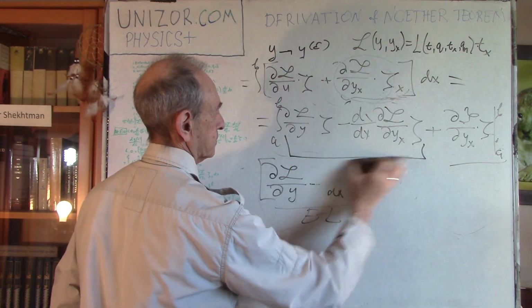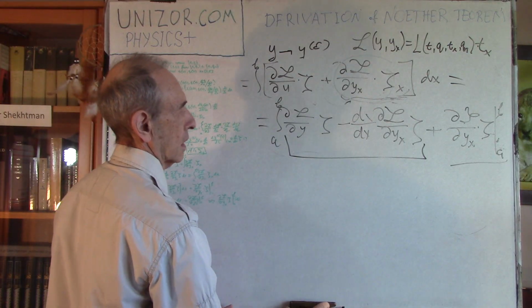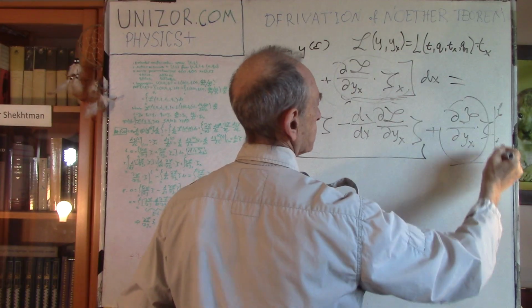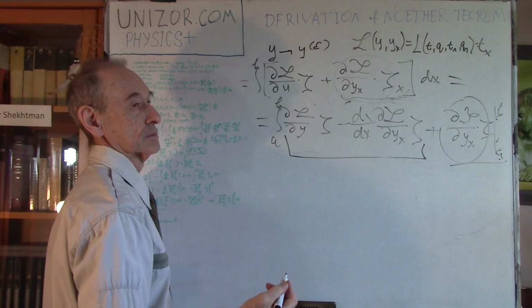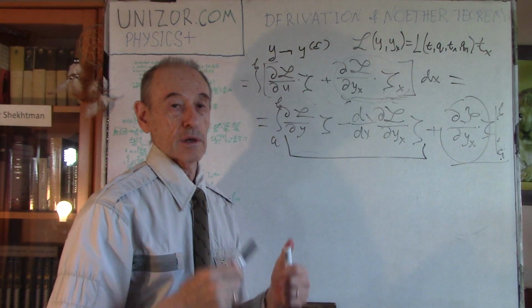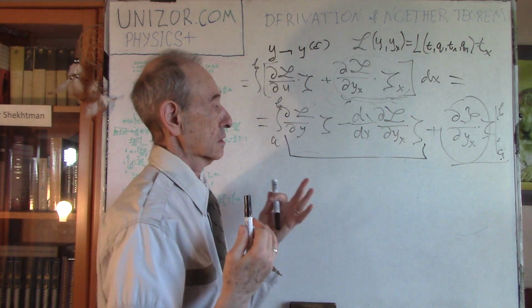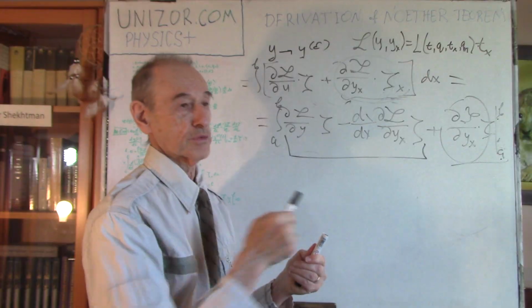Which means what? Which means that this expression at point A and point B are the same. Now, on any trajectory, we can choose 2 points arbitrarily and basically go from one to another.